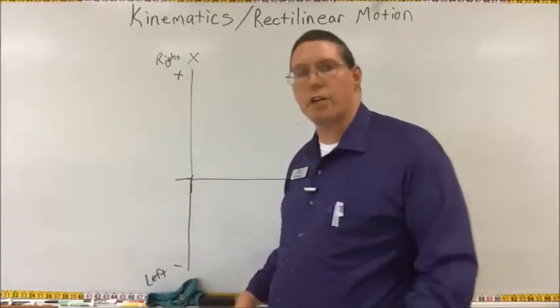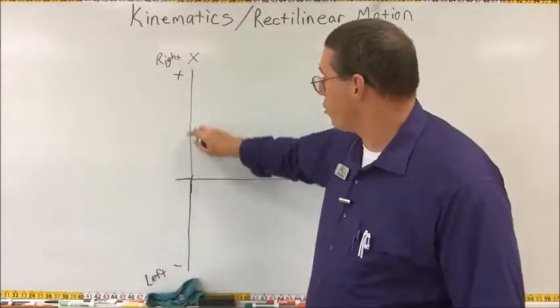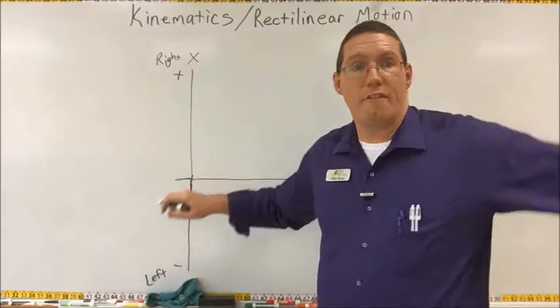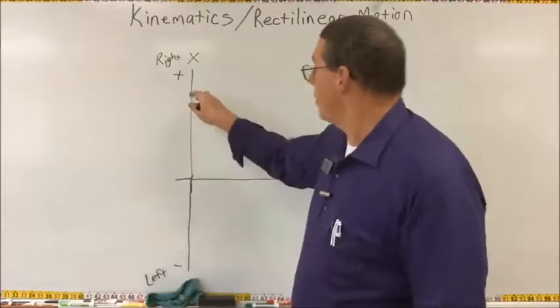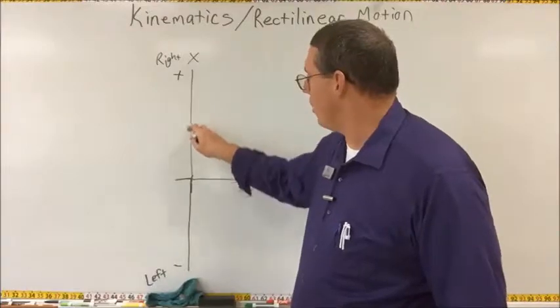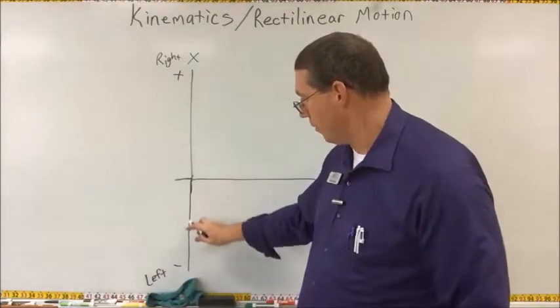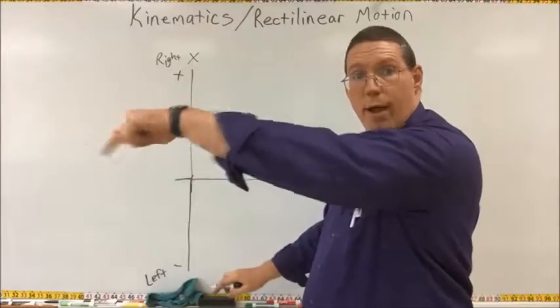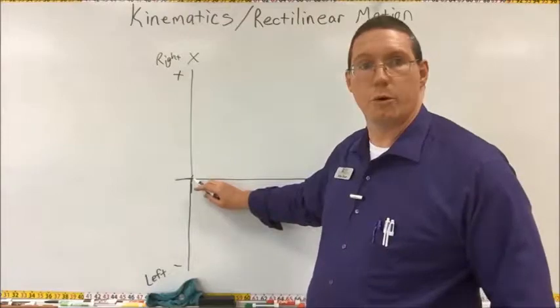So whenever the object moves to the right, it's going this way along the x-axis. And if it's over there and it turns around, then it comes back. Then if it moves over there to the left, it's going to be moving over here. Then if it turns around, it's going to come back to the origin.